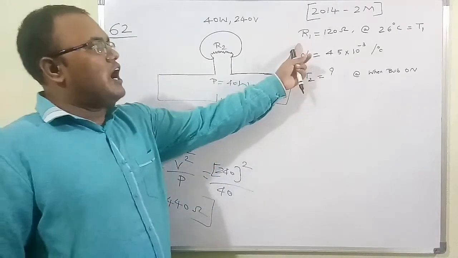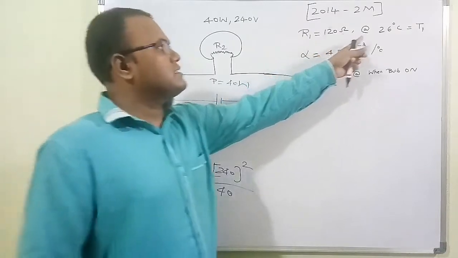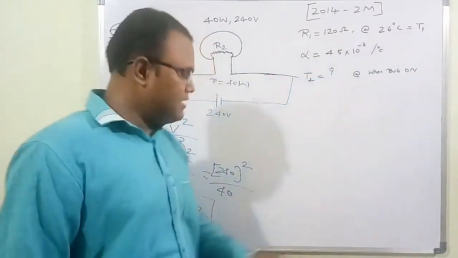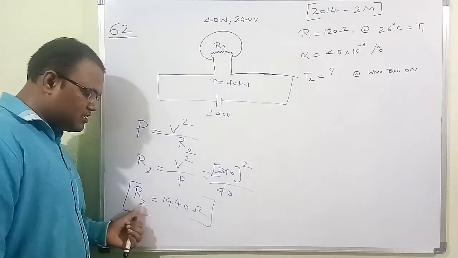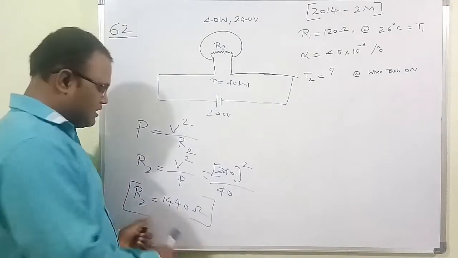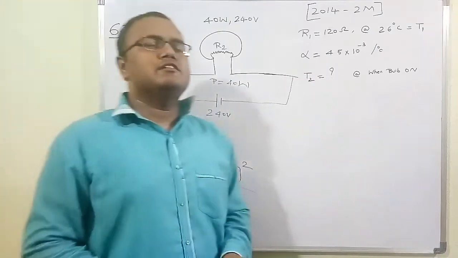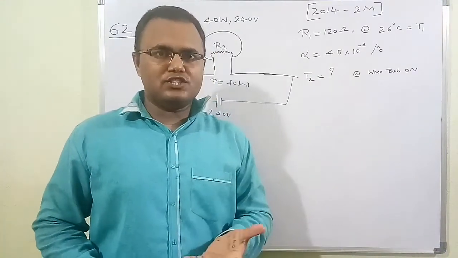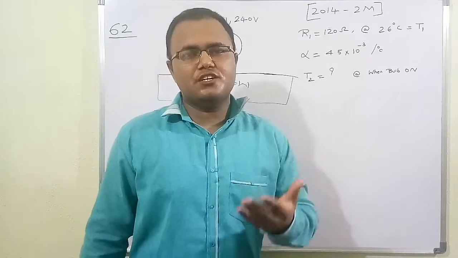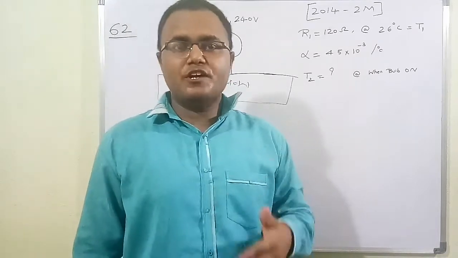See here, R1 is 120 ohm at a temperature of 26 degrees centigrade. But here the resistance is 1440, which means R2 is much greater than R1. A property of a conductor is that whenever there is an increase in temperature, the resistance increases.